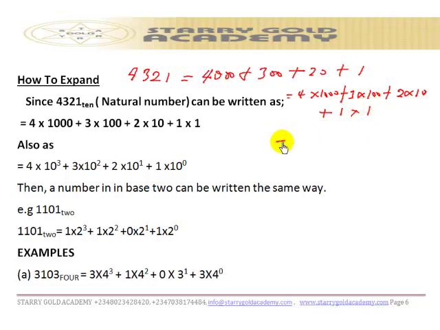In other words, you can also say that 1,000 is 10 raised to the power 3, 100 is 10 raised to the power 2, 10 is 10 raised to the power 1, and then 1 is 10 raised to the power 0.